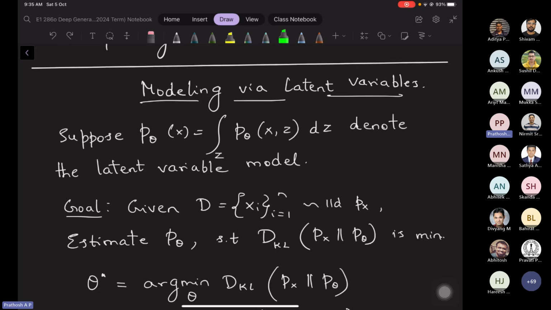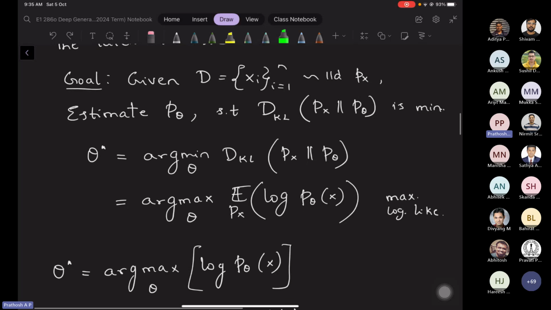So as I said, p theta of x in the case of a latent variable model is given as a marginal over the joint distribution. And in all latent variable models, the optimization is usually carried out by maximizing the log likelihood or minimizing the KL divergence.